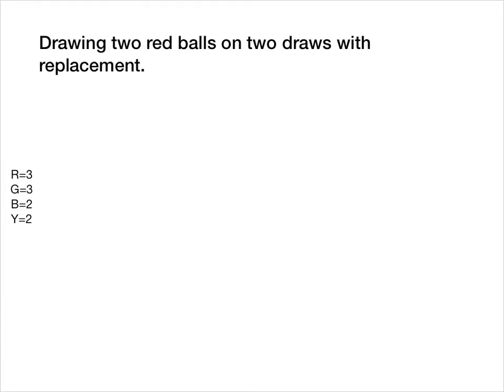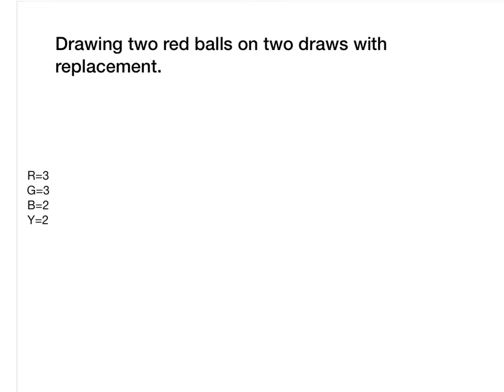Okay, what about drawing 2 red balls on 2 draws with replacement? Now, what I want to do is move this over a little bit. So now I put in the problem. These problems are up on Canvas on a sheet, also with the answer key. But over here, we've got a jar, and it has 3 red balls in it.